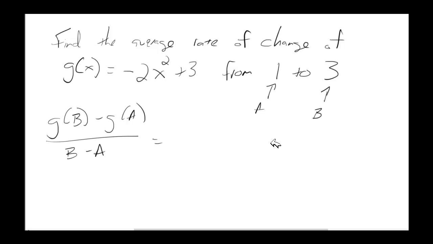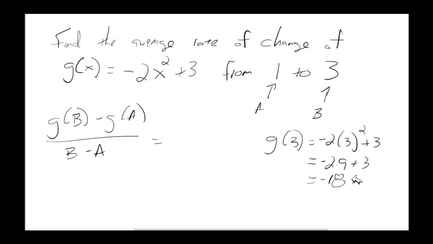Okay, so off to the side, I'm going to figure out what g of 3 is. So I'm going to plug a 3 into the function. Careful here, square first, so this is minus 2 times 9 plus 3, which is minus 18 plus 3, which is minus 15. And, okay, so that's my g of b, so I'm going to write minus 15 minus.